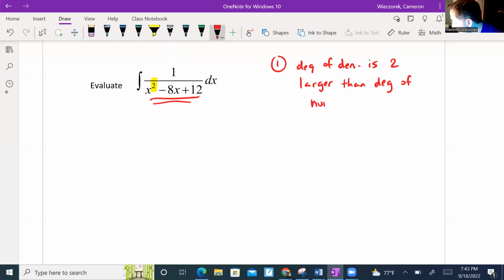That's one clue, but it's not always going to lead to partial fraction decomposition. It could also be a trig substitution, or a problem where you need to complete the square. So the second condition that cues me in is that x squared minus 8x plus 12 factors.